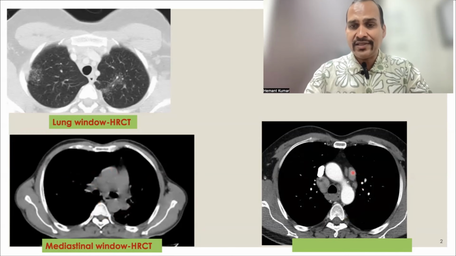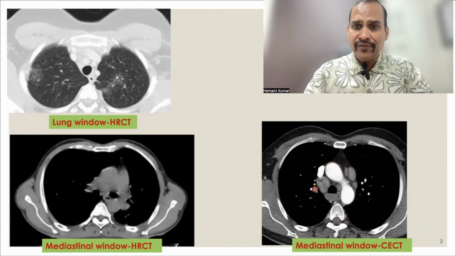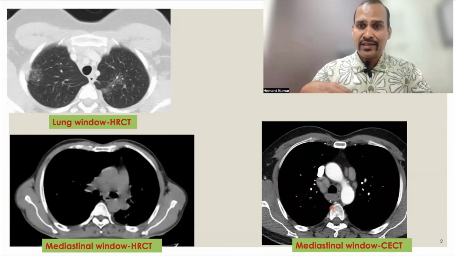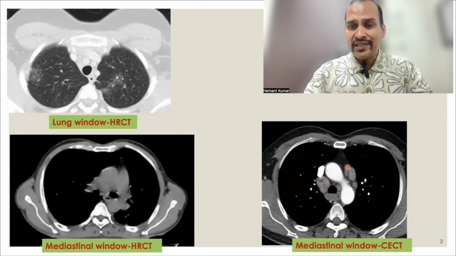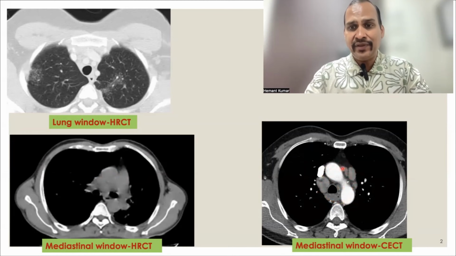And in the third one, you can see there are white structures and black structures. So this is a contrast enhanced CT scan, the mediastinal window of CECT thorax. In that we give contrast, and the blood vessels take up contrast and look like white structures. So by CT scan only we can differentiate between blood vessels and lymph nodes.